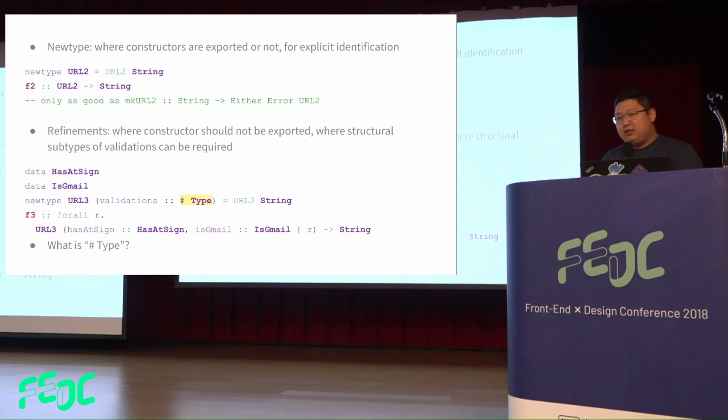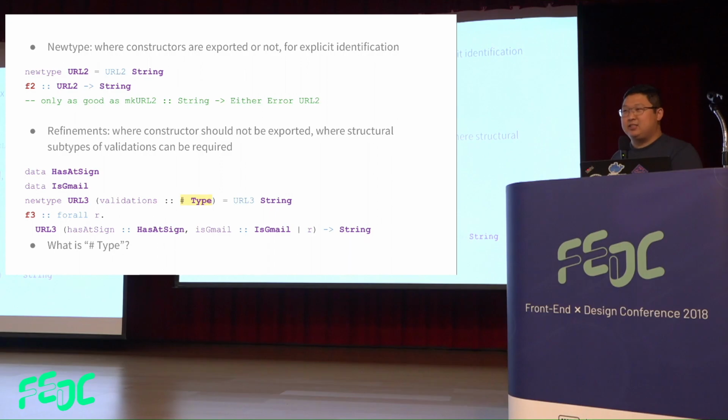The nicer way to do it is to use a newtype. So in runtime, it's the same as having a normal string. And the idea is that you have this constructor where you can choose to either export the constructor, so your consumers can use this constructor directly and say URL2 and then some string value, or you can make a makeURL2 function and you export that out, right?